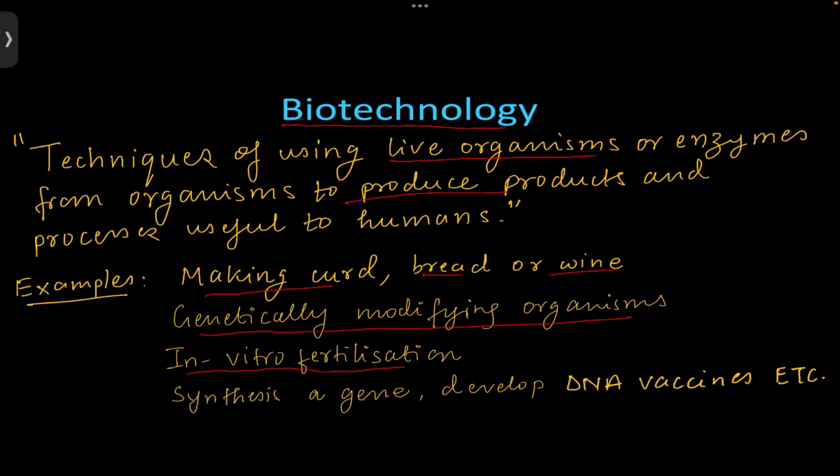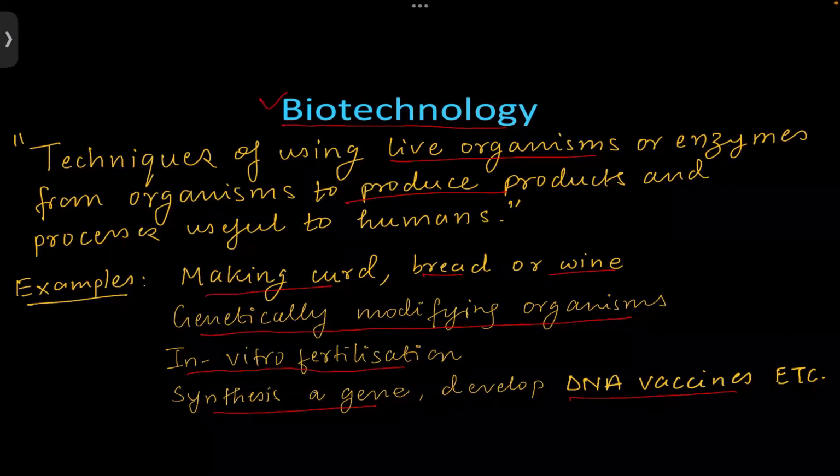Those techniques all come under biotechnology, as well as creating a synthetic gene, meaning we can dictate and control the sequence of the DNA, as well as developing vaccines like DNA vaccines. The techniques used for making this possible all come under the broad class of biotechnology.